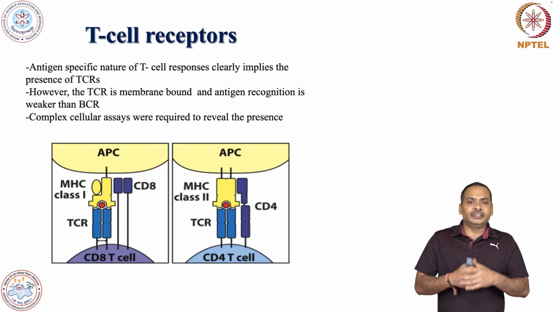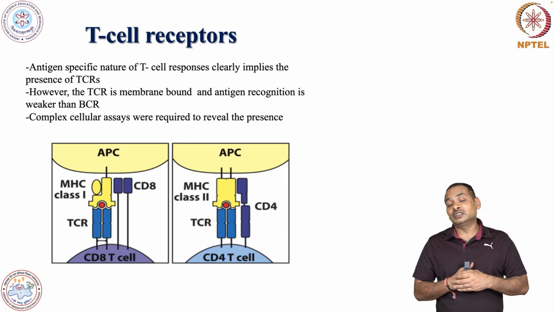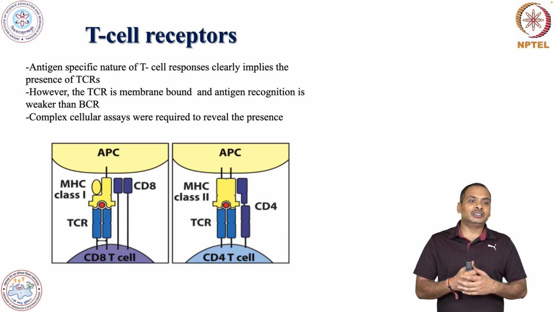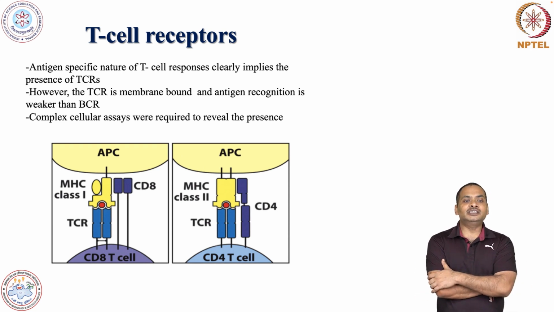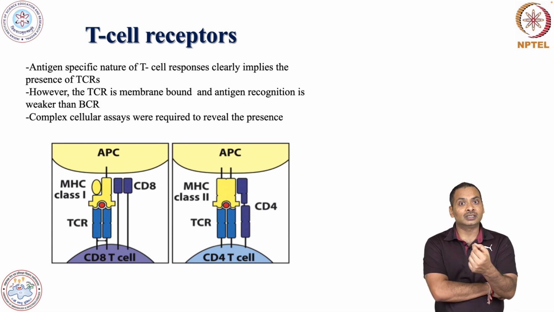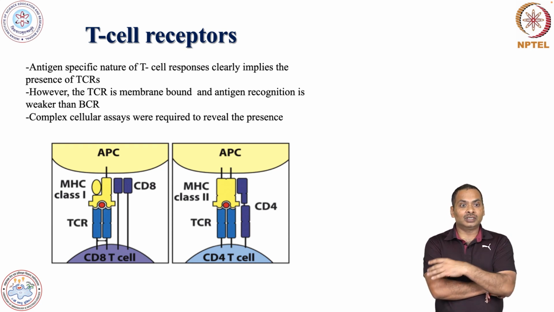Okay. Anyway, so let us look at the T cell receptor, because it is better to understand the T cell receptor. Here you can see that it is antigen specific in nature. So, TCRs are antigen specific. Please note that it is like an antibody, but there are some differences I am going to tell in the next point.